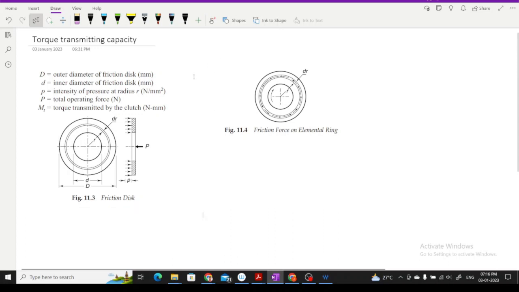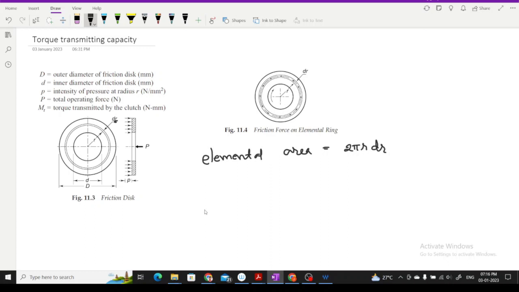Right. So first consider an elemental area at radius r and of thickness dr in the radial direction. That elemental area will be 2 pi r dr, right?